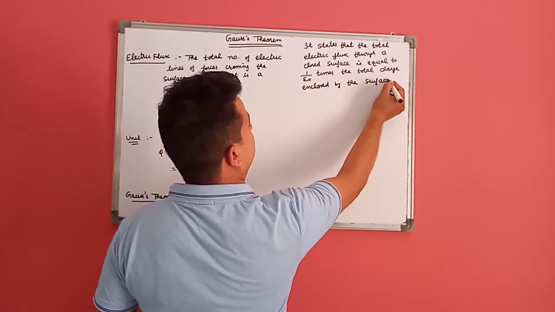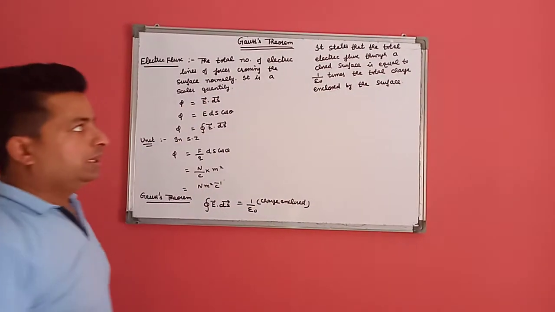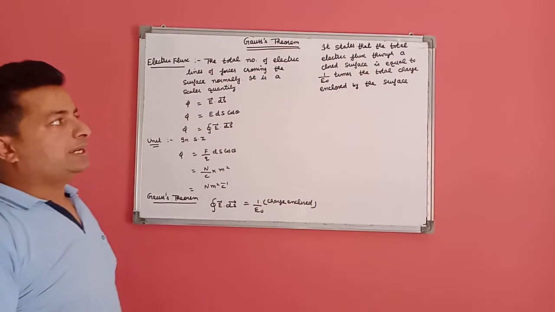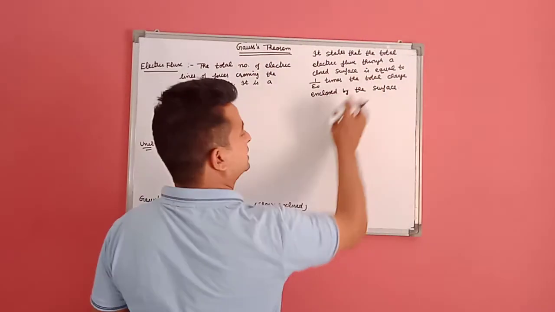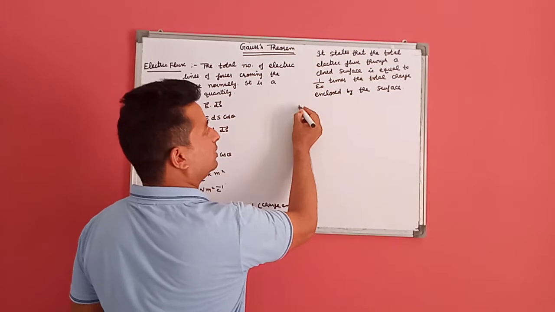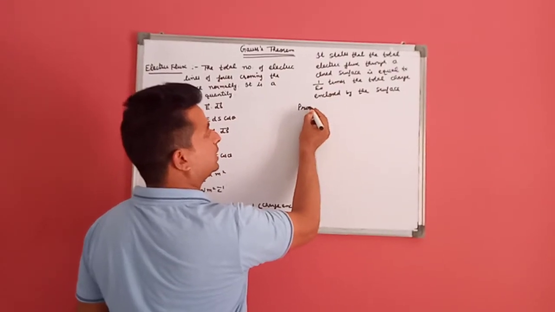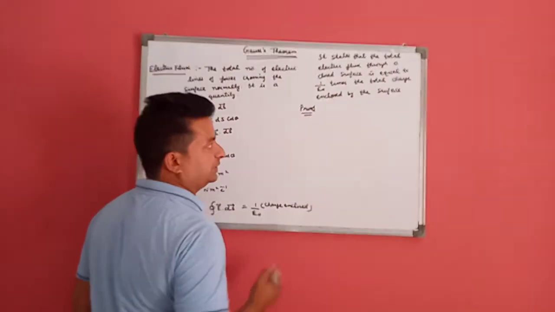This is the definition of Gauss theorem. It states that the total electric flux through a closed surface is equal to 1 by epsilon naught times the total charge enclosed by the surface.